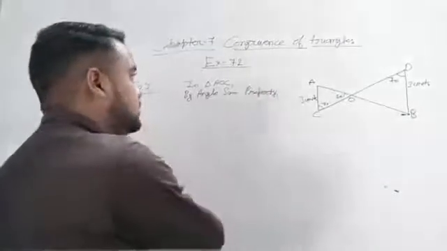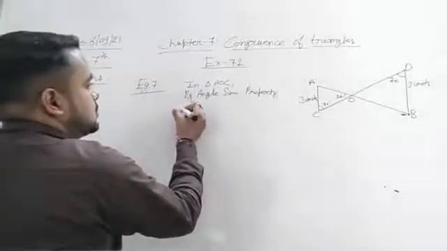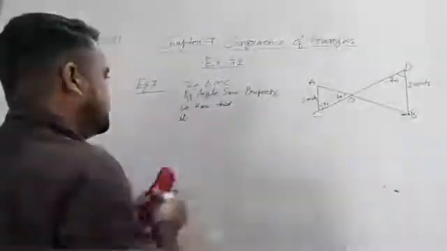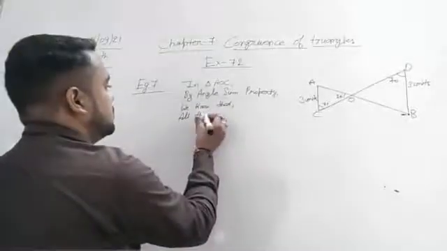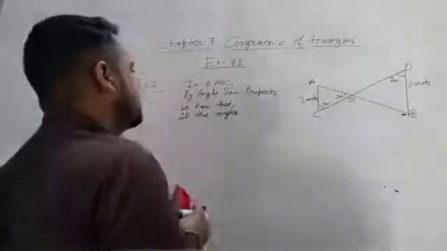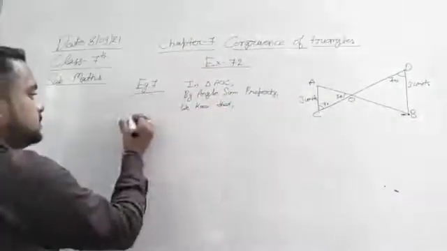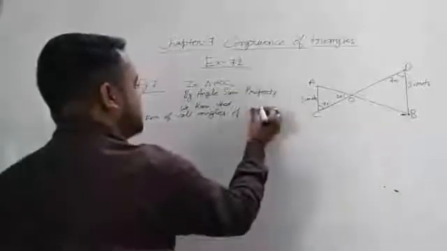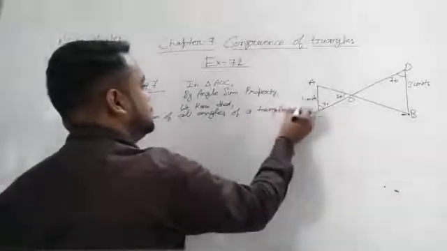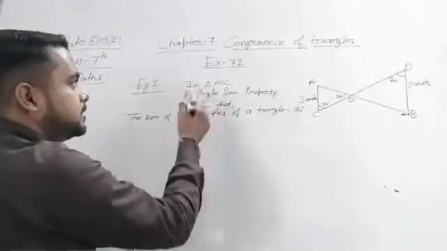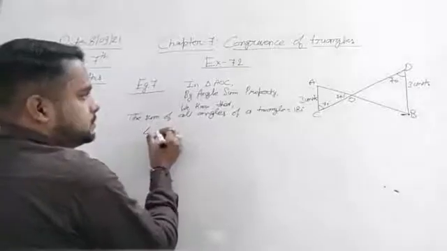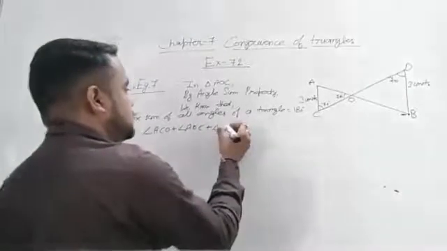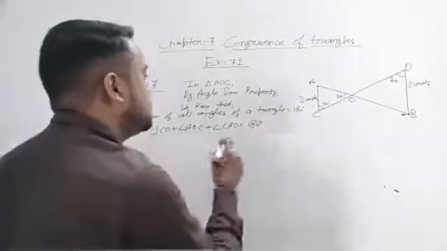By the angle sum property, we all know that the sum of all angles of a triangle is equal to 180 degrees. So in triangle AOC, angle ACO plus angle AOC plus angle CAO is equal to 180 degrees.